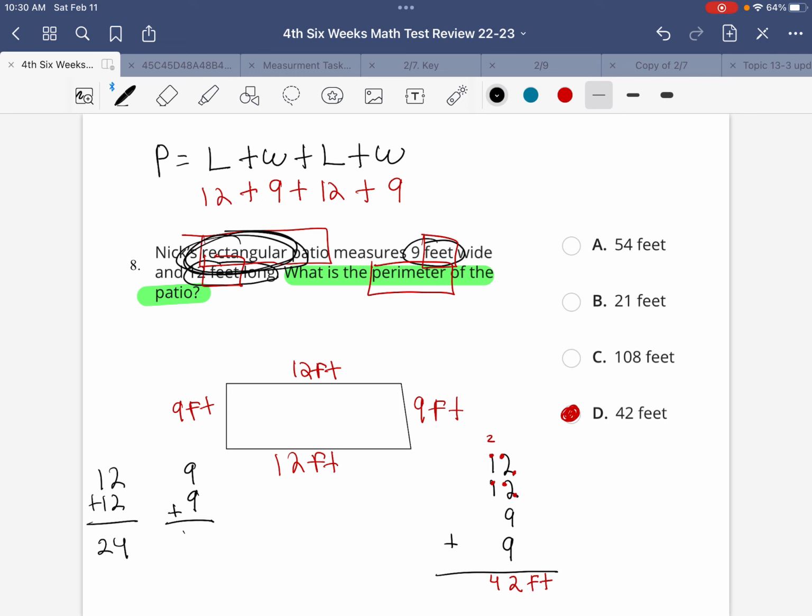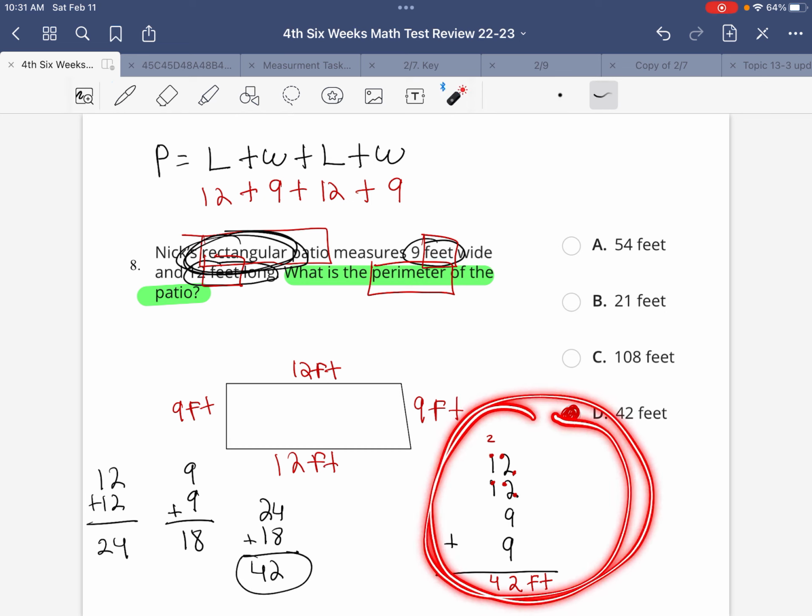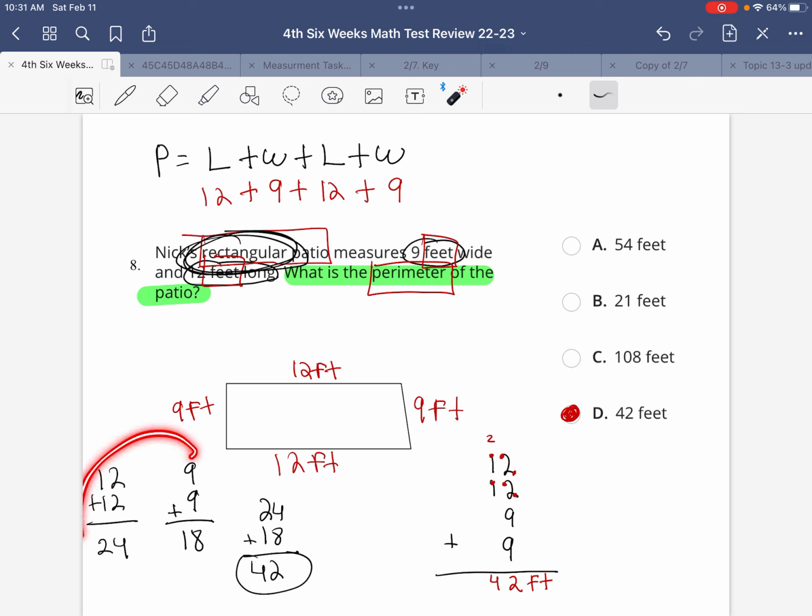Get your answer, which is 18. And then add them both, 24 plus 18, and you will get 42. Okay? That's another way of doing it. You do not have to do it like this. Whatever works for you on adding it, you do it that way. Just make sure your numbers are always aligned and make sure that you can understand what you are writing.